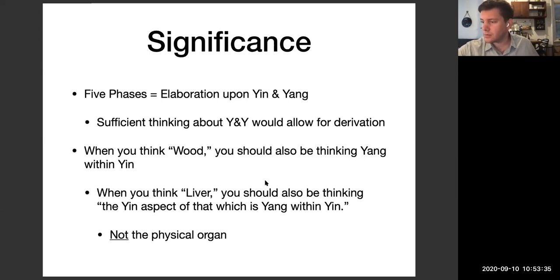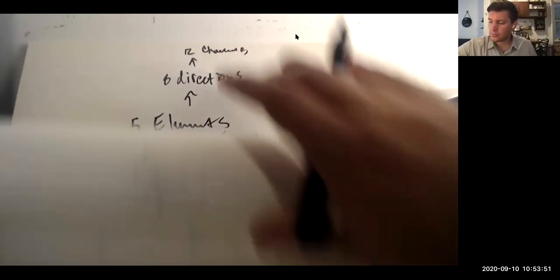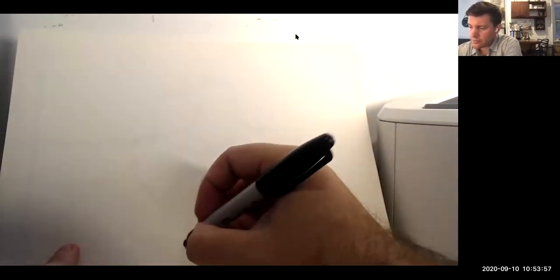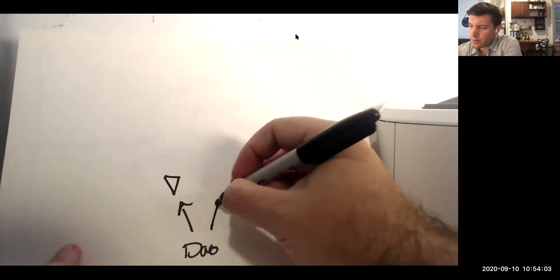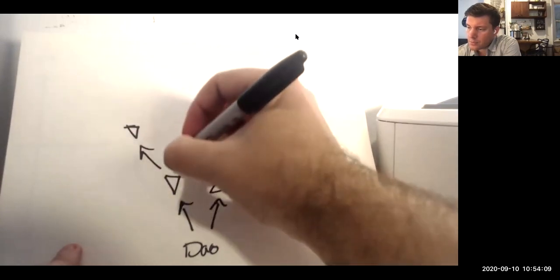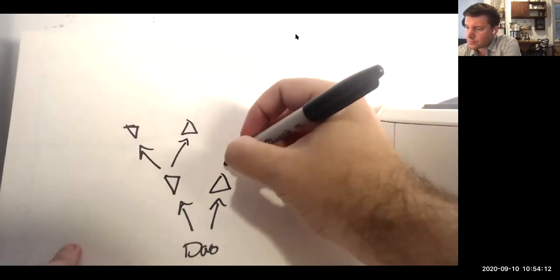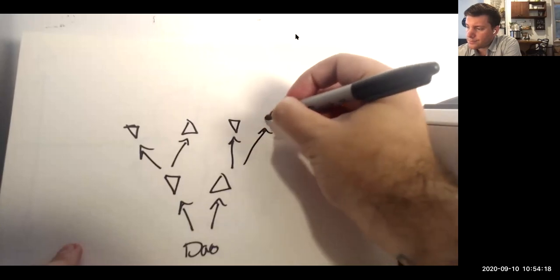But really, if we're looking at this image from earlier, we get the Tao at the bottom, we get Yin, we get Yang, we get Yin, we get Yang, we get Yin, we get Yang.